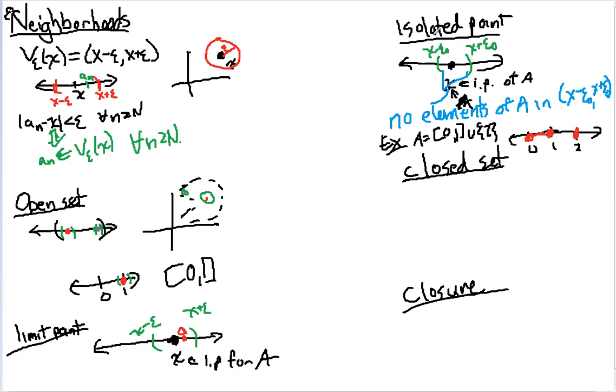It is isolated. So what we can do is draw an open interval around it of, say, 1/2. So this would be 1.5, 2.5. There are no elements of A in V epsilon equal to 1/2 of 2. So 2 is an isolated point. So an isolated point, you think of just something way off far by itself.